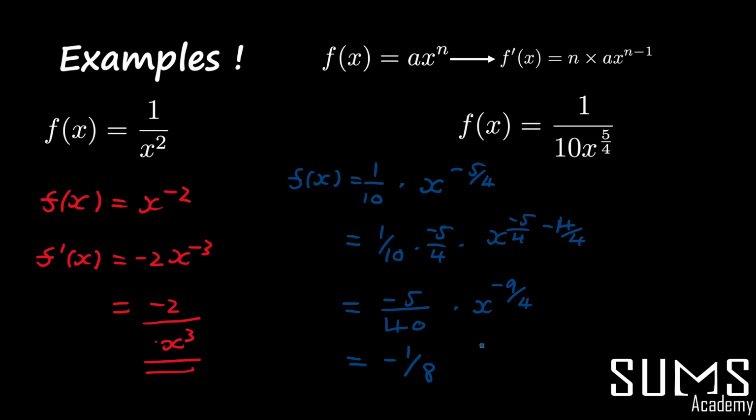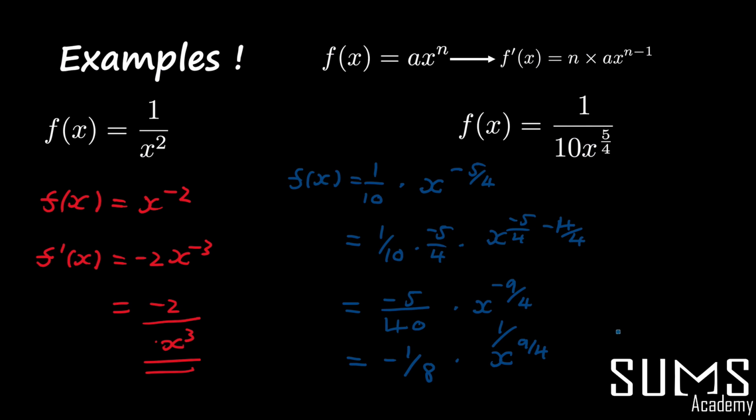And this can be simplified as well. So you have your x to the power of 9 over 4, and this is negative. So we can actually rewrite this again as 1 over x to the power of 9 over 4. And we can rewrite this as one number.